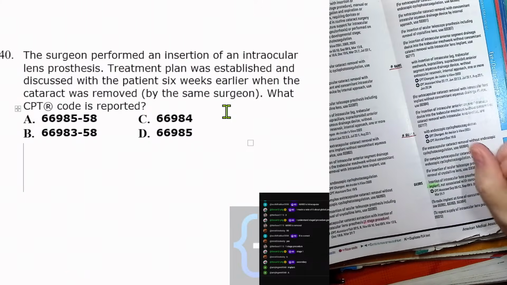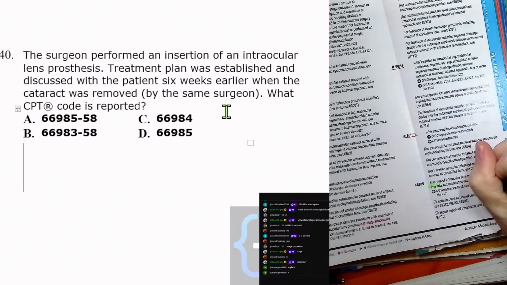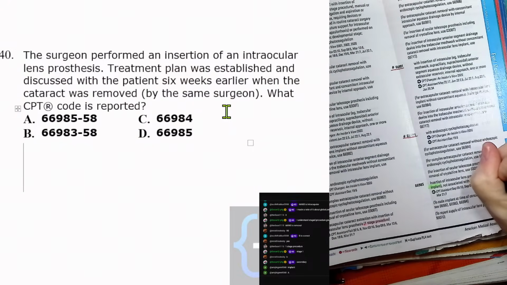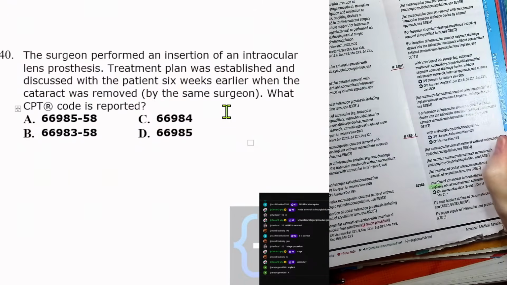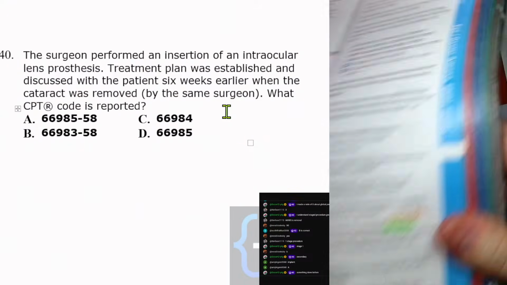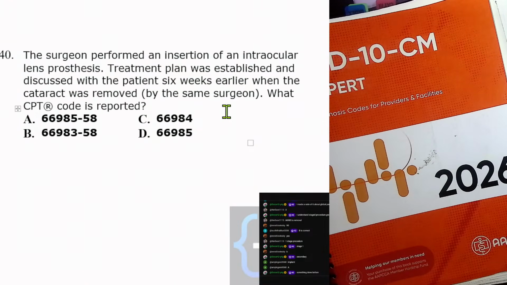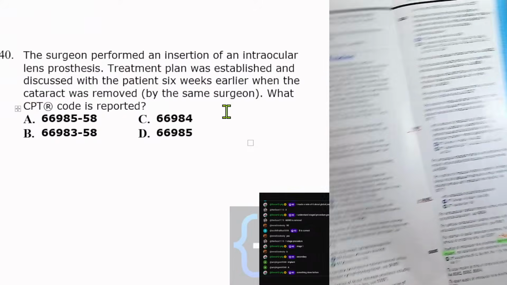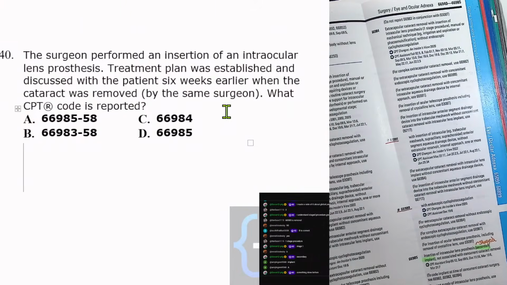Above the word secondary, you could write the word staged. That way you know. And remember, on exam day, if you have this question, you could have the staged written right there above those codes. Yep, something done before. Perfect.